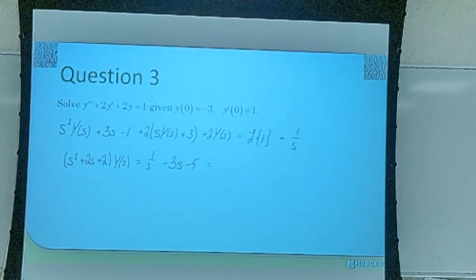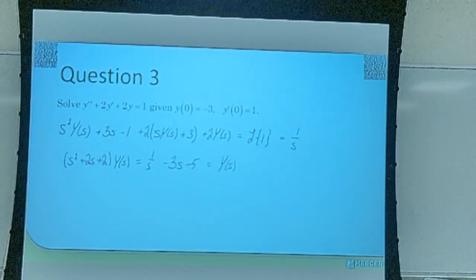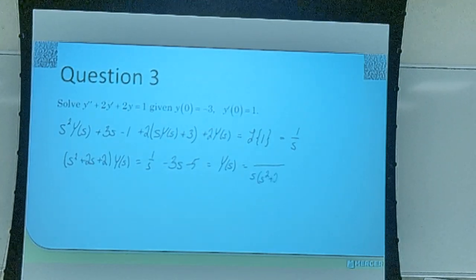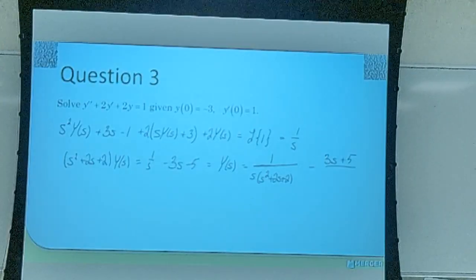So we should find that big Y is just 1 over s times s squared plus 2s plus 2, minus 3s plus 5 over s squared plus 2s plus 2.